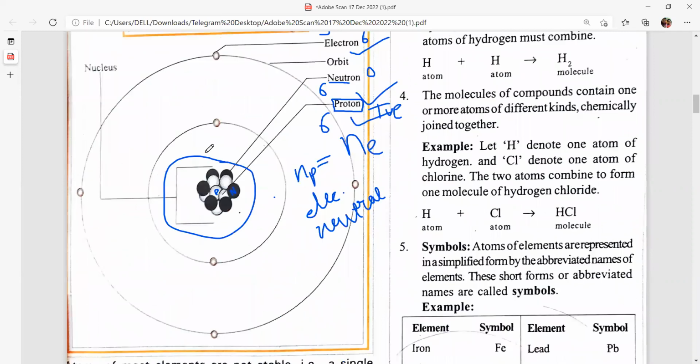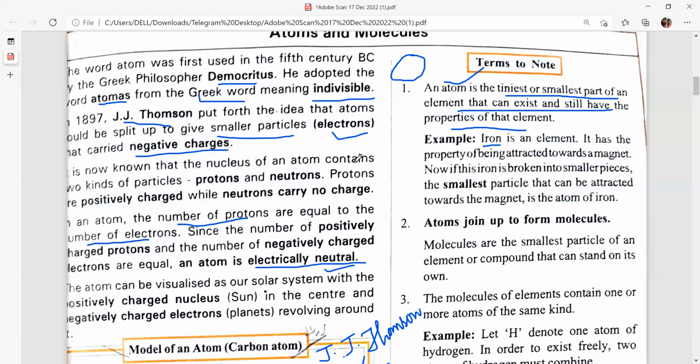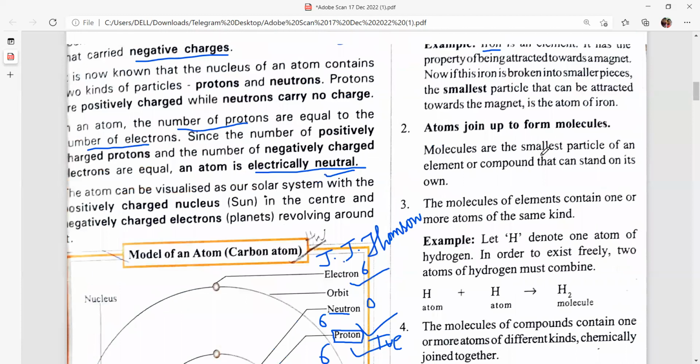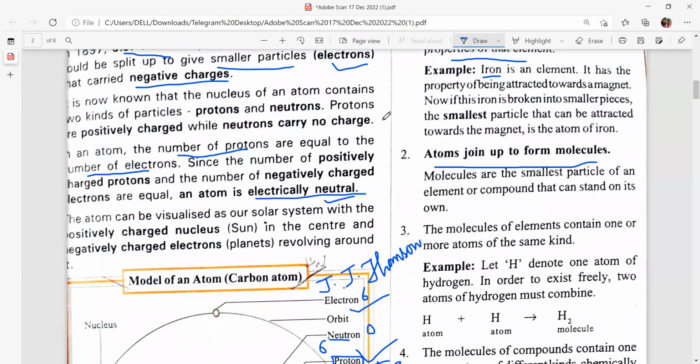Okay. Now you see here. Terms to note. The second point is atoms join up to form molecules. And what are molecules? Two or more atoms combine to form a molecule, a little bit larger than the atom.